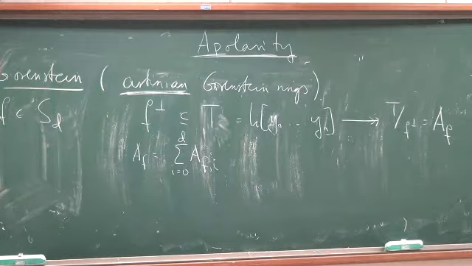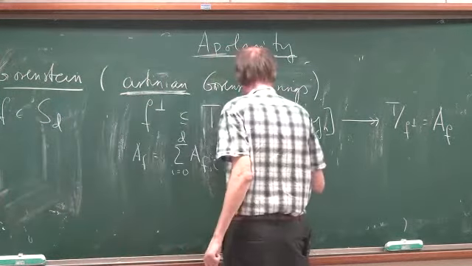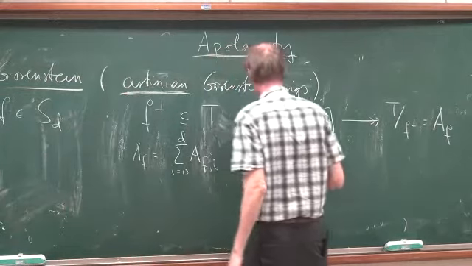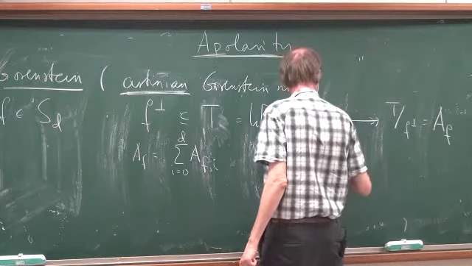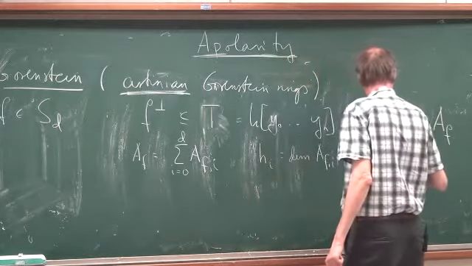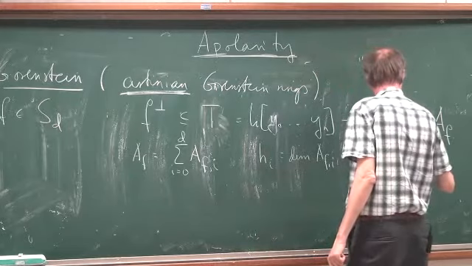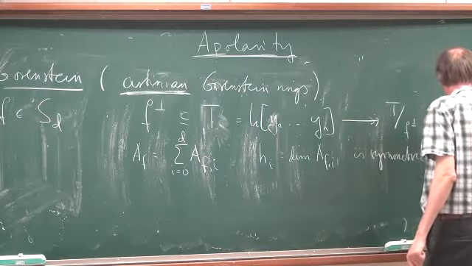And h_i, which is the dimension of A_F,i, is symmetric. So h_i is equal to h_{d minus i}.